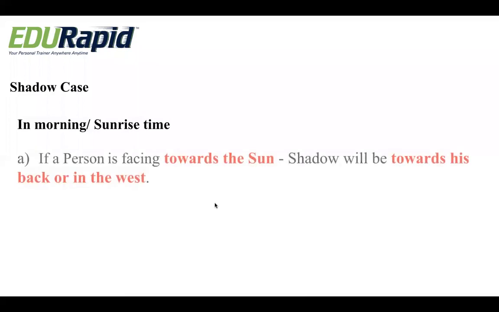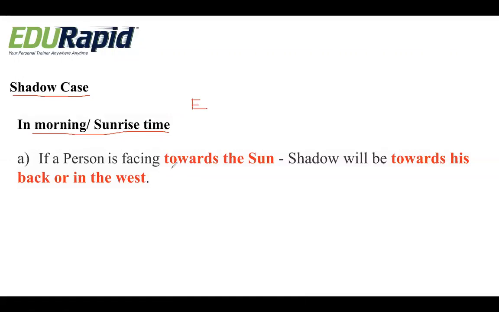Next, let's look at the shadow case. Shadow is our own image falling on the ground whenever there is light. In the shadow case, this is a very important concept. You need to really understand this very well. In the morning, during sunrise time, the sun rises in the east, right? The sun always rises in the east.